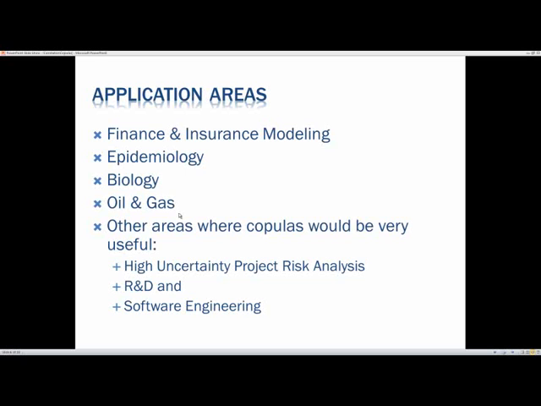And some of the places where I feel it would be useful to consider modeling with copulas are high uncertainty project risk analysis, where you have lots of data to work with. PMOs and projects have a lot of those types of relationships which are worth studying within an organization. R&D and software engineering both have a high degree of uncertainty, and some relationships if you can get the historical data.